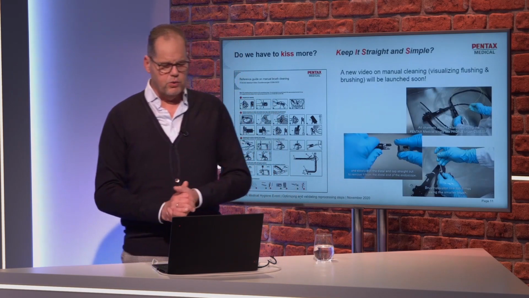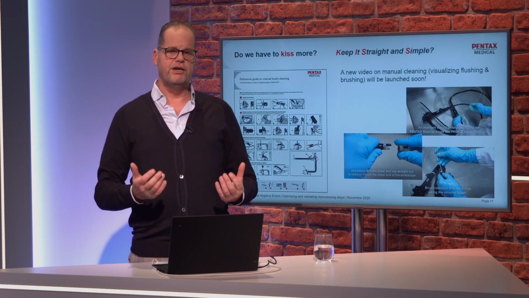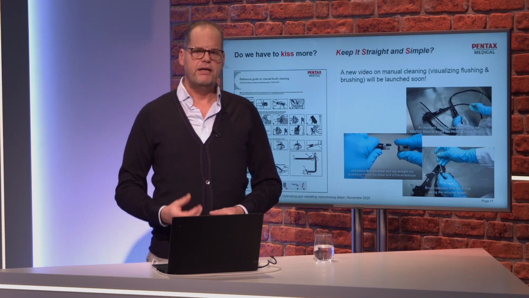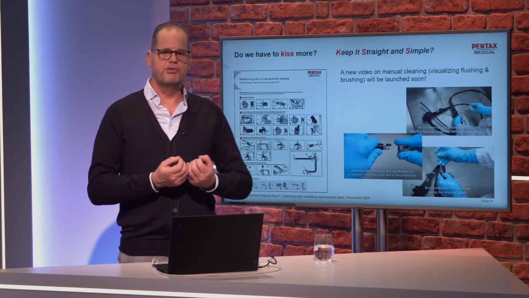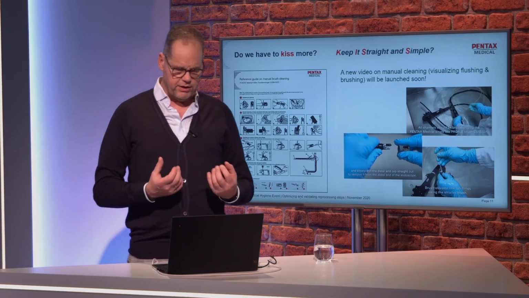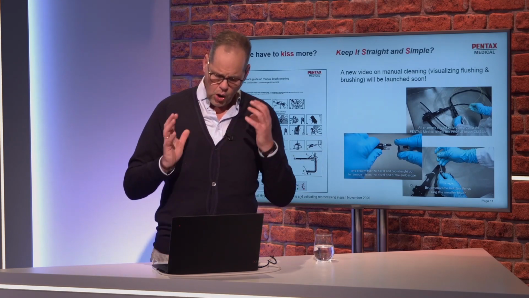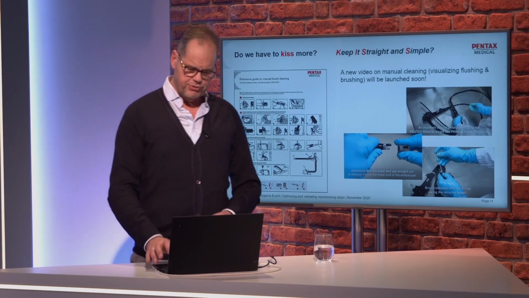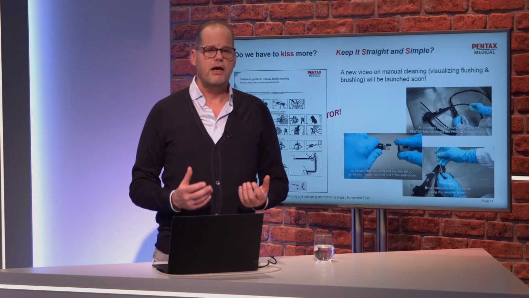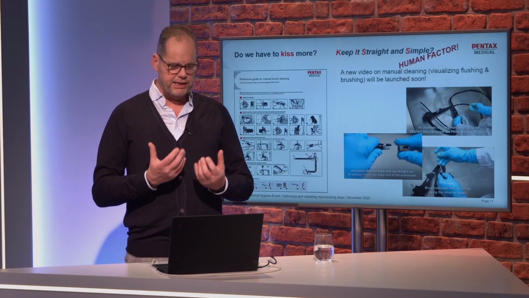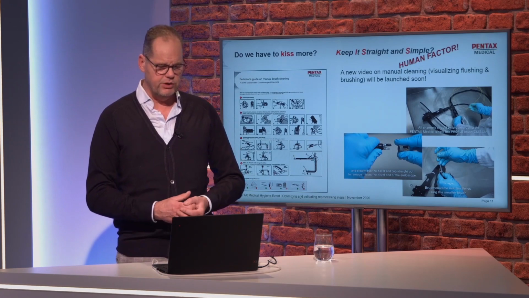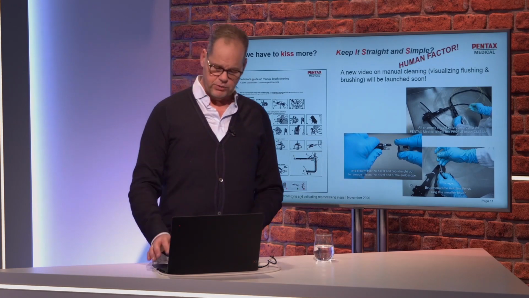And as a new feature, we have a new video on manual cleaning, visualizing the flushing and the brushing, and that will be launched very soon. All things to do to help the reprocessing staff to do their things better and in an easier way. But of course, we have to deal with the human factor.